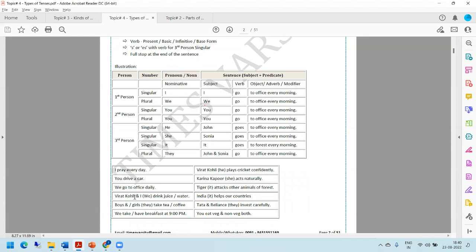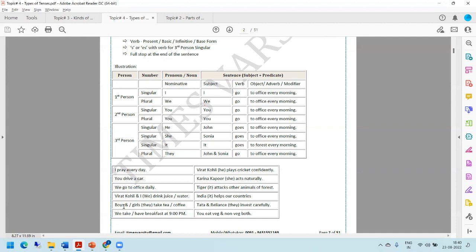Virat Kohli and I drink juice or water. Instead of Virat Kohli and I, I can use the pronoun we. That is also possible. So we can make a sentence like Virat Kohli and I drink juice, or if I use the pronoun, then we can say we drink juice.